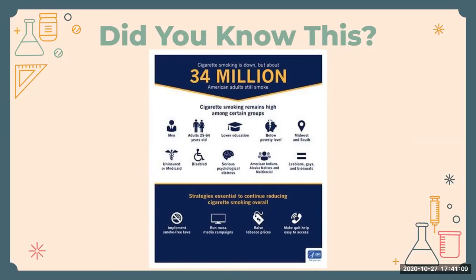In the Midwest and South of the United States, individuals who are uninsured or on Medicaid, disabled, serious psychological distress, individuals with mental health issues, and American Indians, Alaska Natives, and multiracial individuals. Lesbians and the LGBT community are among those with high rates of cigarette smoking.